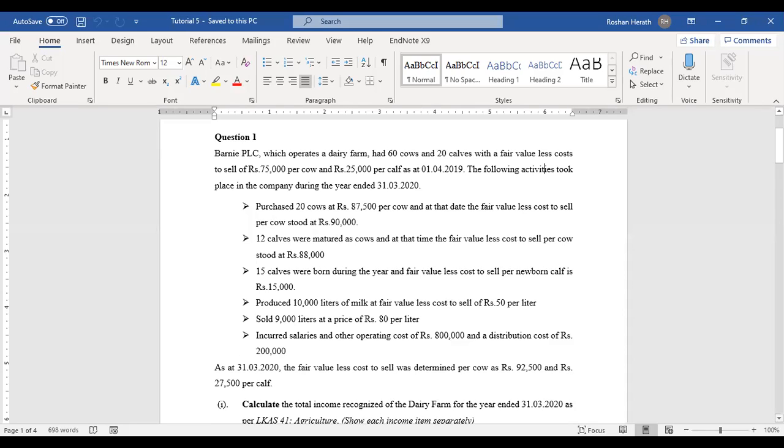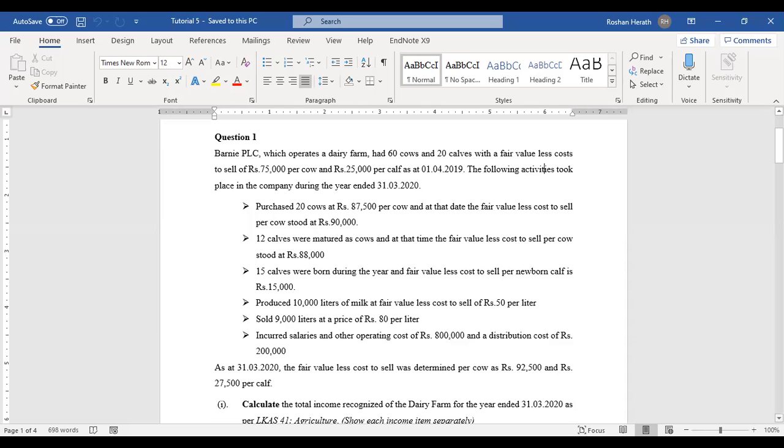It's Barney PLC, which operates a dairy farm, had 60 cows and 20 calves with a fair value less cost to sell of rupees 75,000 per cow and 25,000 per calf as at 1st of April 2019.